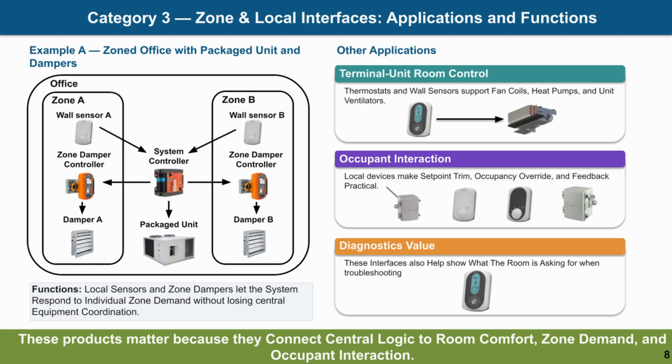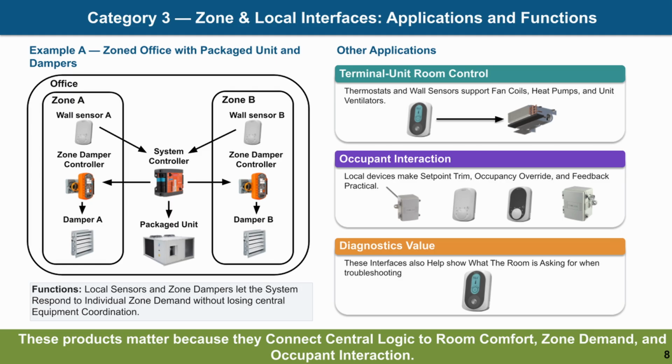Wall sensors provide the room-level feedback, zone controllers interpret the local requirement, and dampers adjust airflow to each zone. The same concept also applies to terminal unit room control, where thermostats and wall sensors support fan coils, heat pumps, and unit ventilators.